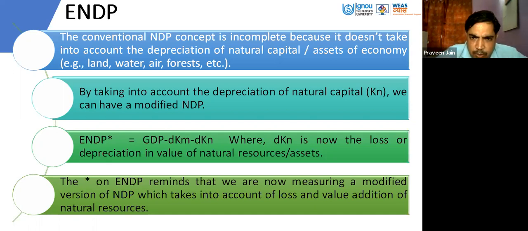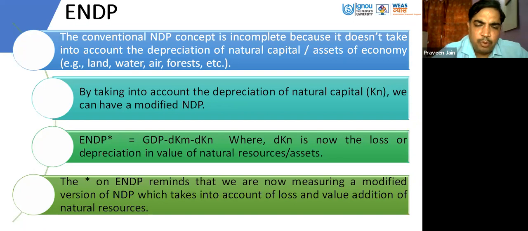Then by taking into account the depreciation of natural capital, that is KN, we can have a modified NDP. So to have the green NDP, the formula will be GDP minus DKM minus DKN.